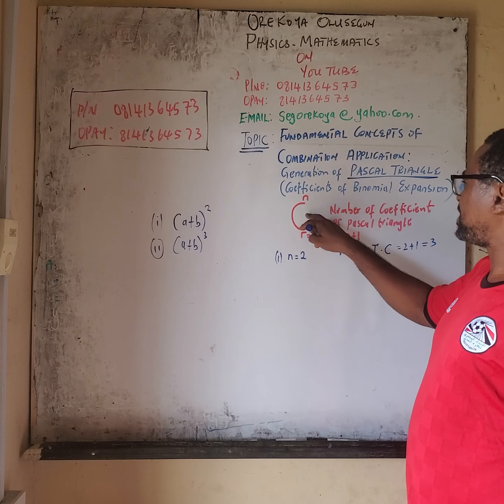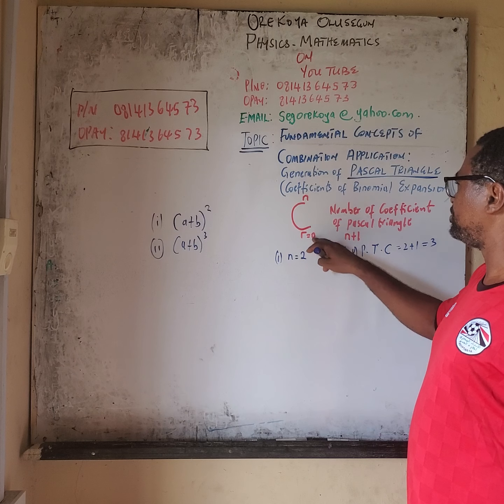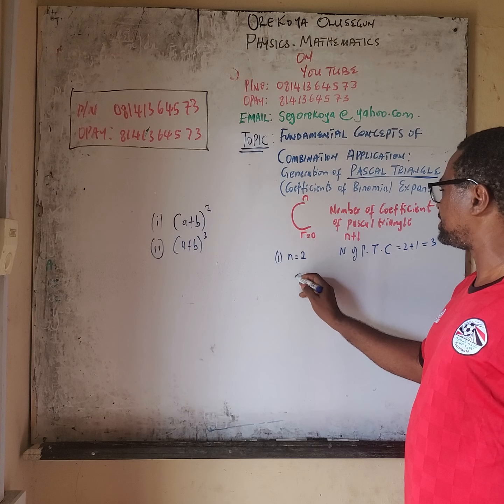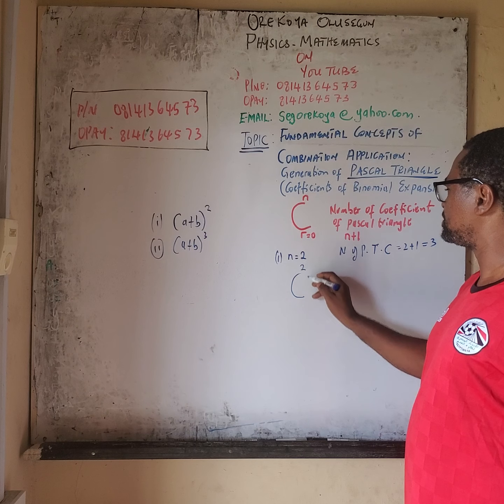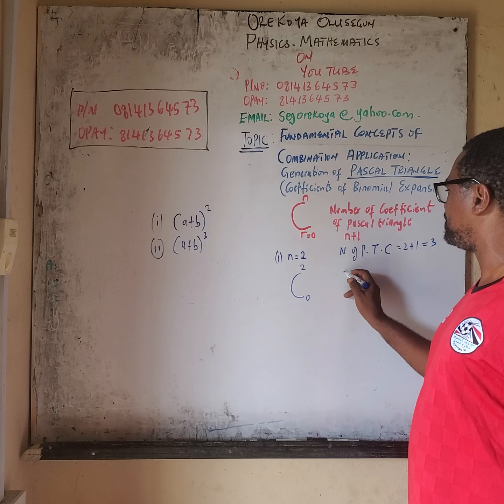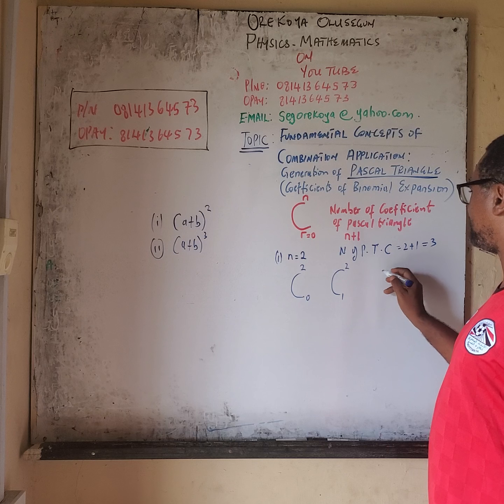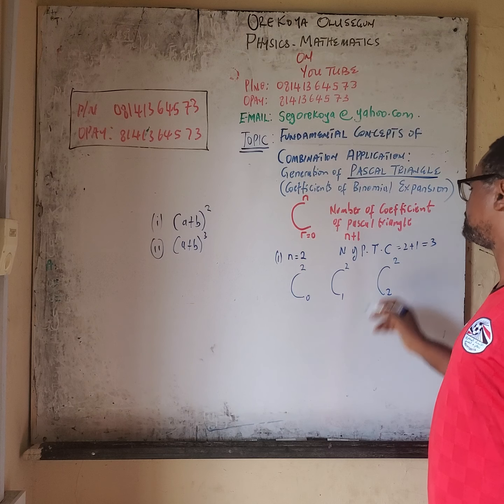So this particular counter starts from 0 up to n, but our n is 2. So I'm going to write it as up to 2, starting from 0. Then from 0 we move down to 1, up to 2. Then from 1 we move down to 2, up to 2.